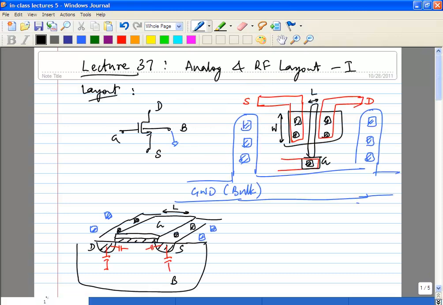Sidewall capacitance is proportional to the sidewall area, which is a product of W and the depth of the diffusion. The depth of the diffusion is a constant for a particular process. So effectively, you can say it is just proportional to the width W.